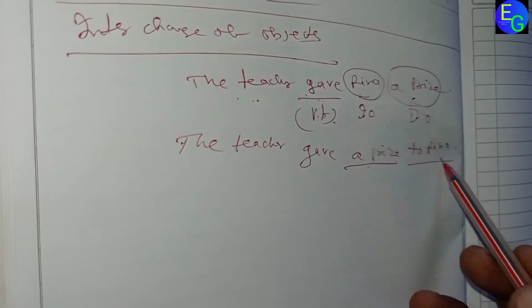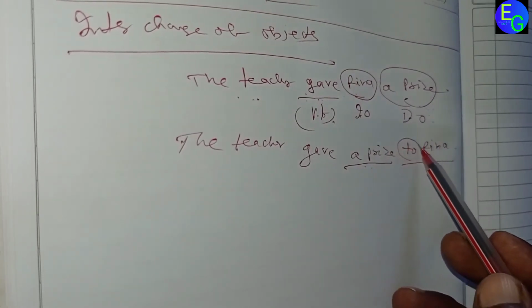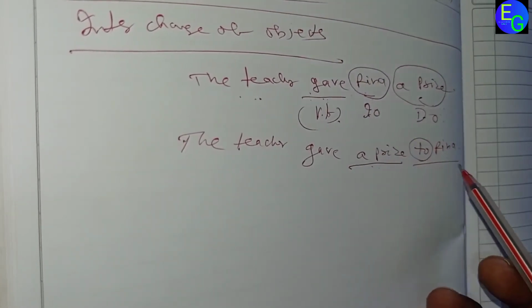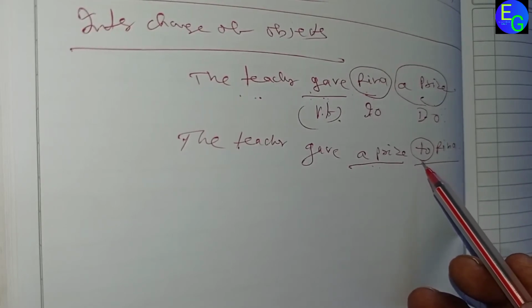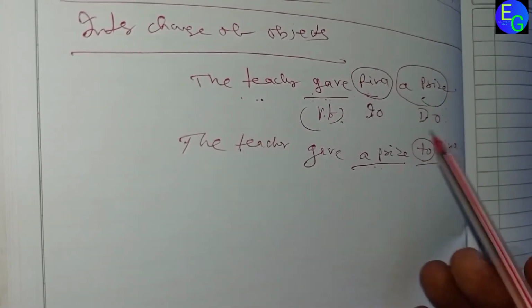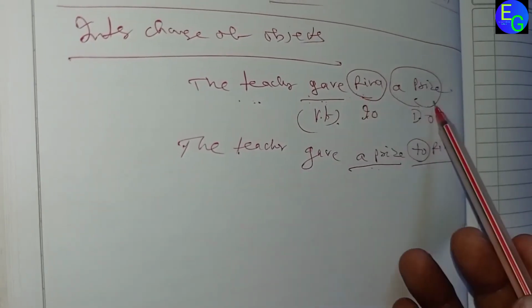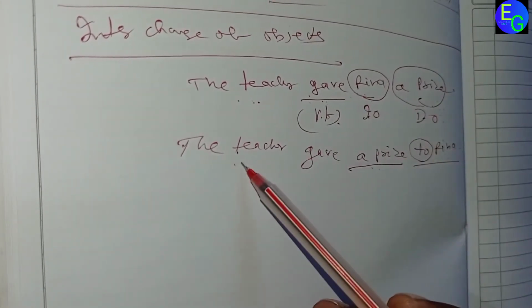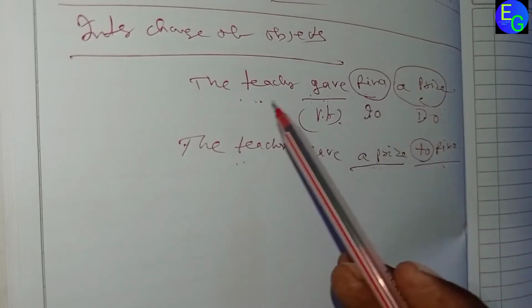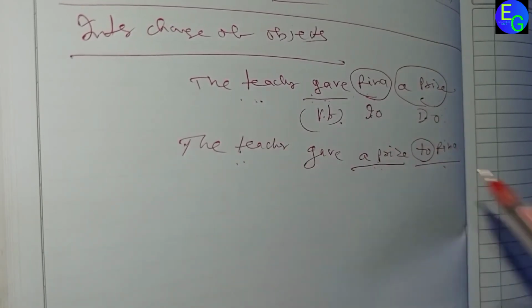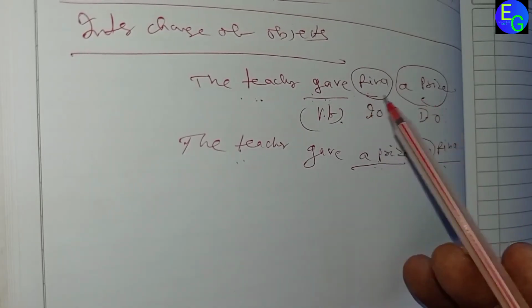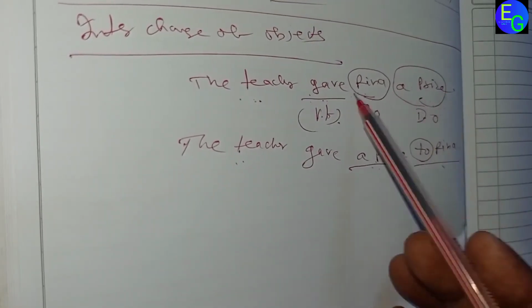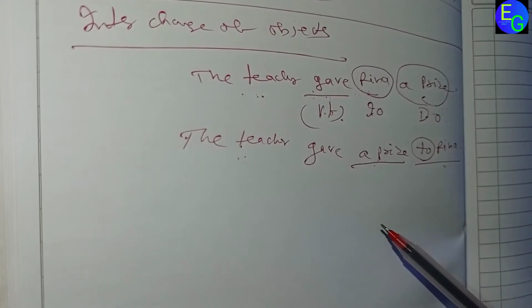But before the indirect object there must be a preposition, to. In some places you must add the preposition for. Okay, here the meaning is the same. The teacher gave Rina a prize, and the teacher gave a prize to Rina. The meaning of these two sentences is the same, but here the interchange of objects has taken place.